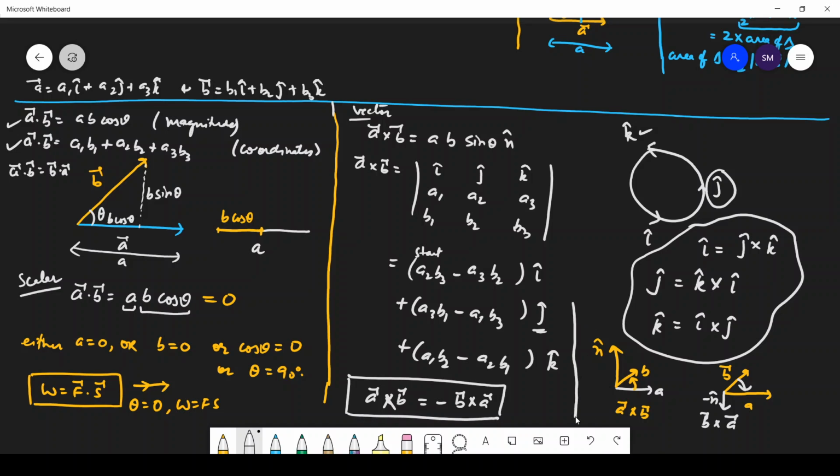The distributive law is the same for both of them. It means if you want to multiply A dot B plus C, then it will be A dot B plus A dot C. There is no issue with it. Here also there are no issues.